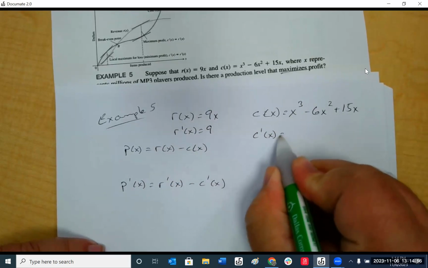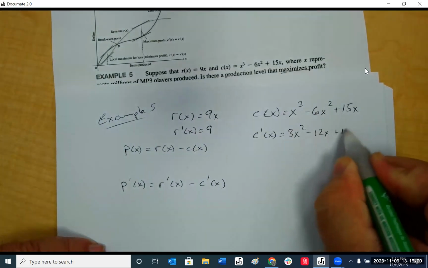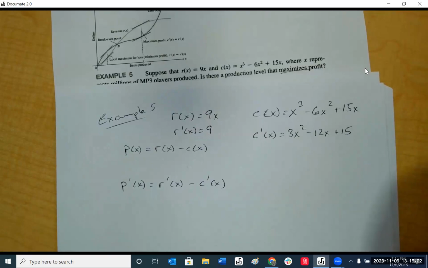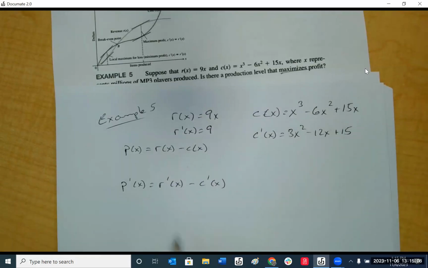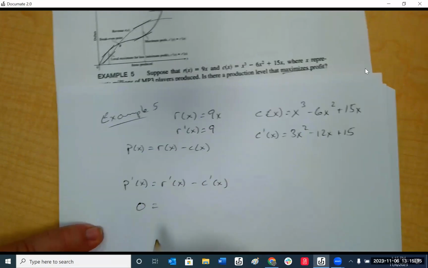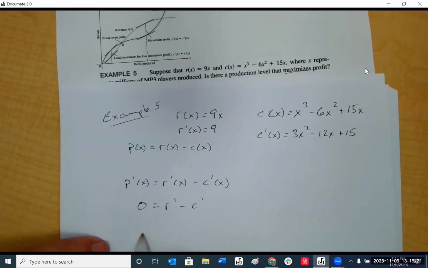C prime is 3x squared minus 12x plus 15. Well, since we're looking for a maximum, we have to set it equal to 0. So we have R prime minus C prime, which makes it R prime equals C prime.